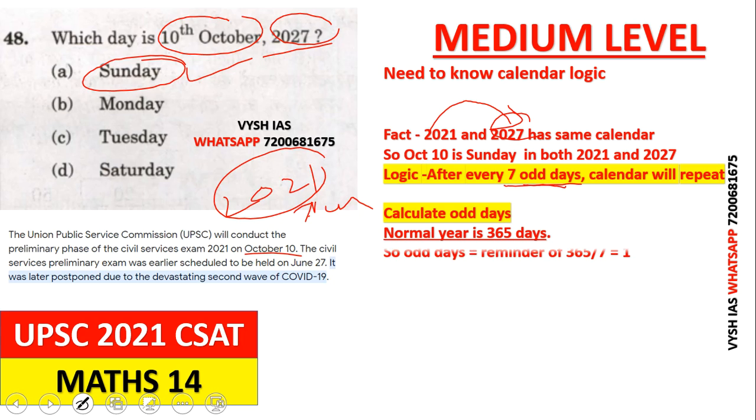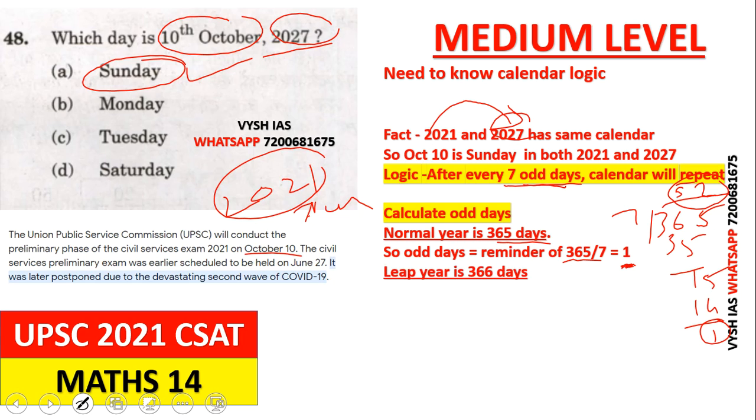Divide by 7, meaning the week. 7 into 5 is 35, 7 into 2 is 14, so there are 52 weeks in a year, and 1 is the remainder. For a normal year, if you divide by 7, you get 1. This is called the odd day. So in a normal year, the odd day is 1.